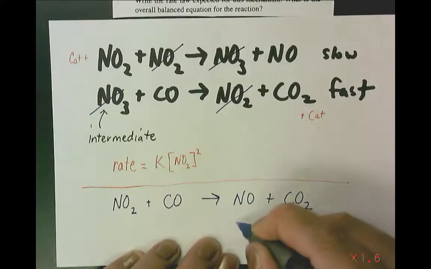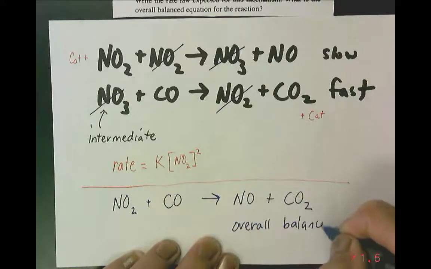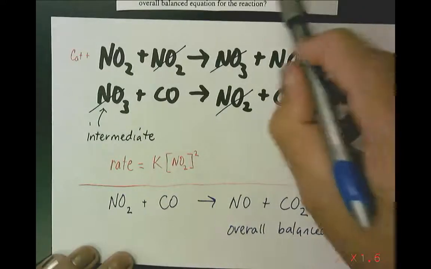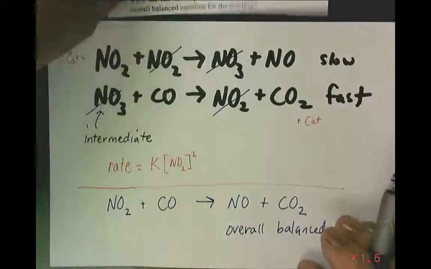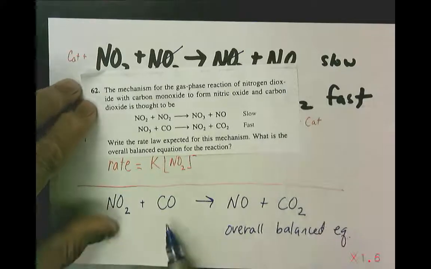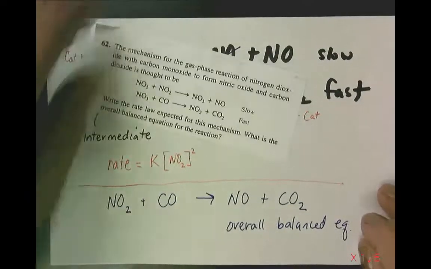So there's the overall balanced equation. They told us what the reaction was going to be, so we could check to see if we're right. Nitrogen dioxide, carbon monoxide, nitric oxide, and carbon dioxide. Yes, we are correct.